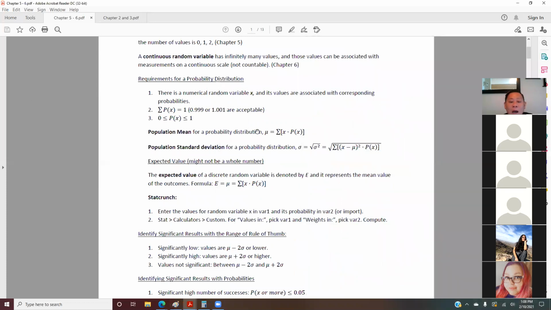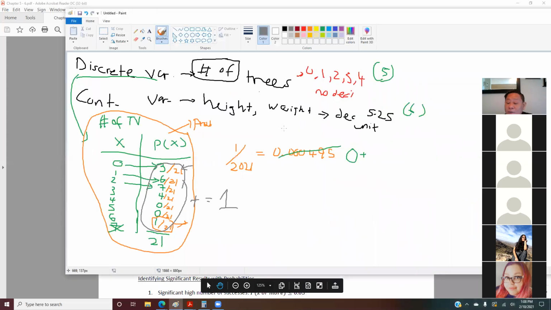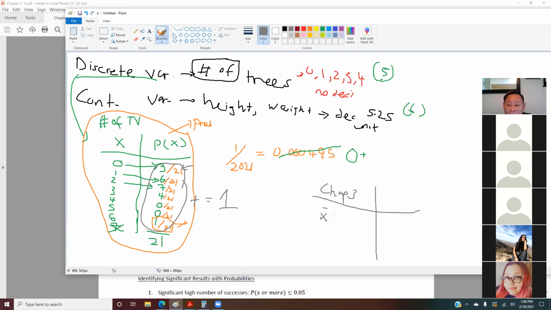The mean is mu and the standard deviation is sigma. Now, I just want to point out again that the mean and the standard deviation that you use in chapter 5 is different than the mean and standard deviation you use in chapter 3. So in chapter 3, the mean that we use is x bar and the standard deviation we use is s. But in chapter 5, the mean is mu and the standard deviation is sigma.